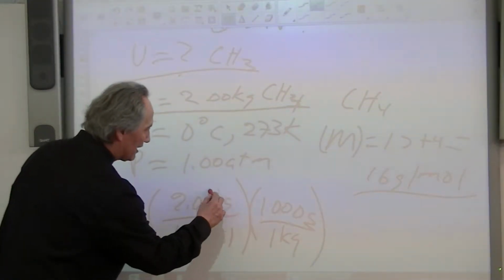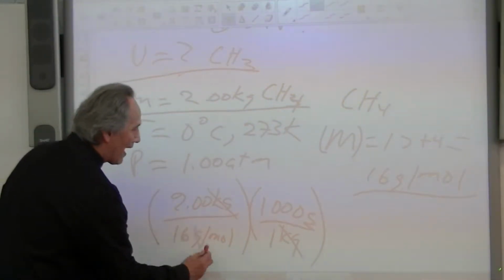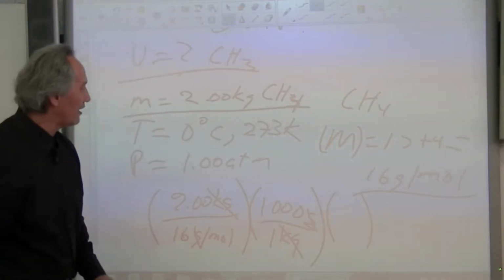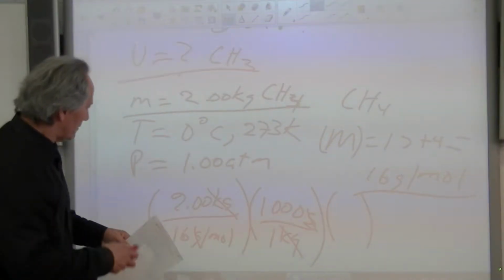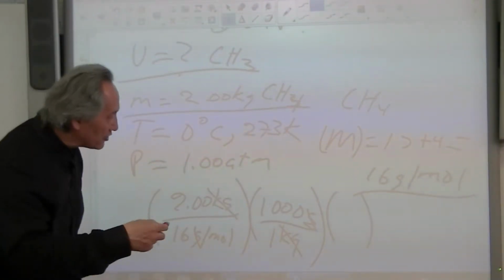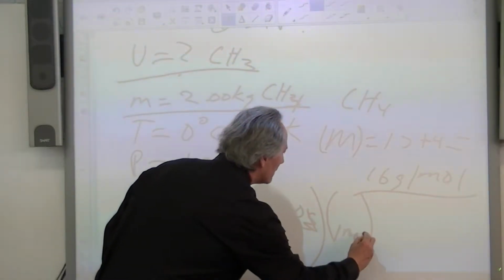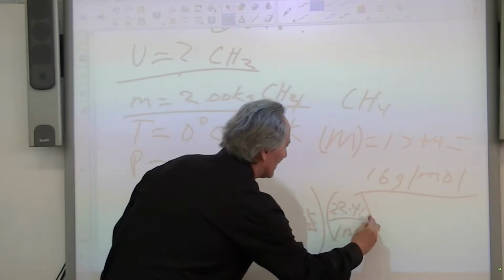So in fact we have kilograms that are being canceled out here, and we also have grams that are being canceled out. And now let's do a conversion factor in terms of, we're looking for volume, so we are going to get a conversion factor of per every 1 mole at standard temperature, it is 22.4 liters.